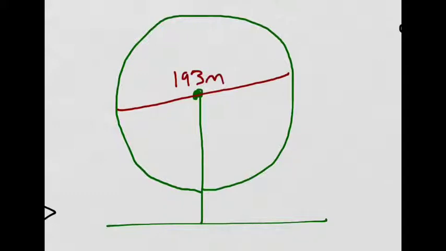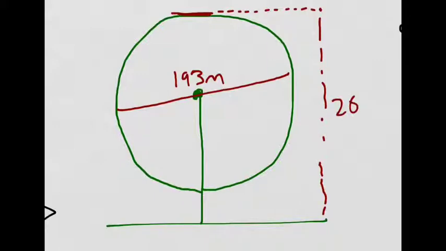And the highest point, the maximum height that that Ferris wheel can achieve, which would be up here, is 208 meters. That's off the ground. So 208 meters off the ground is the highest point that the Ferris wheel can achieve. Good.